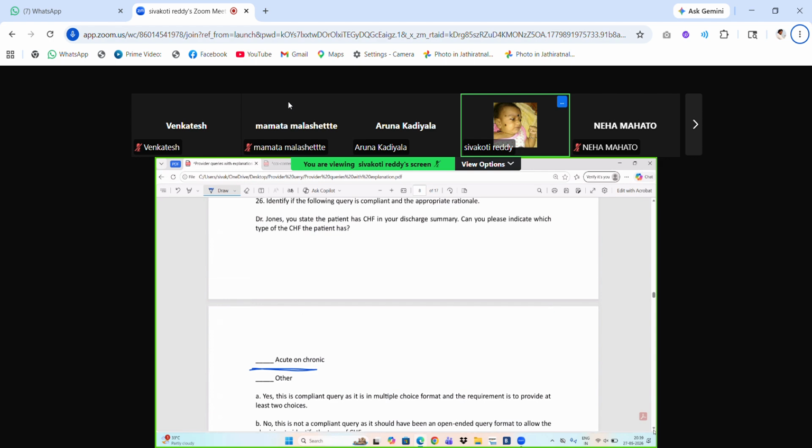We need to give more options: systolic acute and chronic, diastolic acute and chronic, or combined systolic and diastolic acute and chronic. Only acute and chronic means what type? We have different types of heart failure. While raising the query, you need to give all the reasonable options in the multiple choice version.